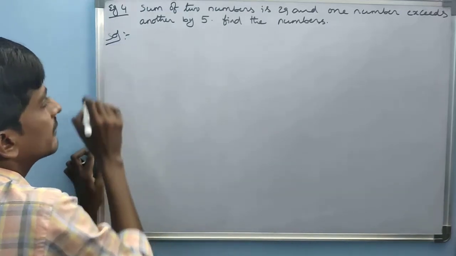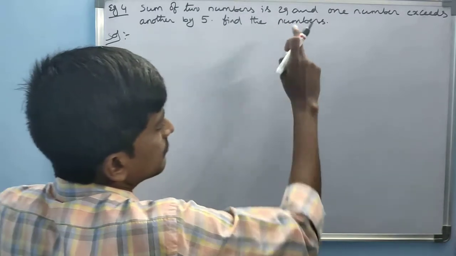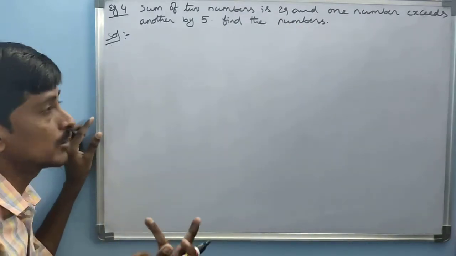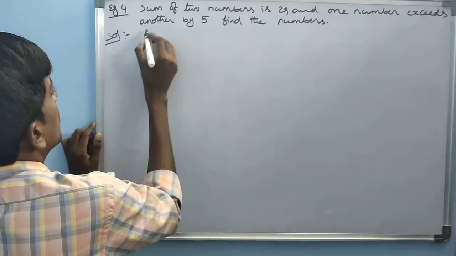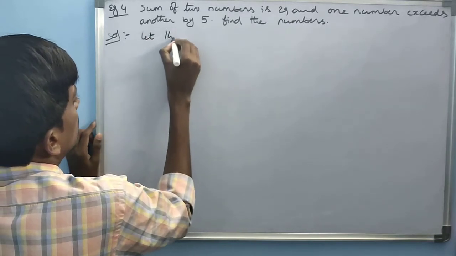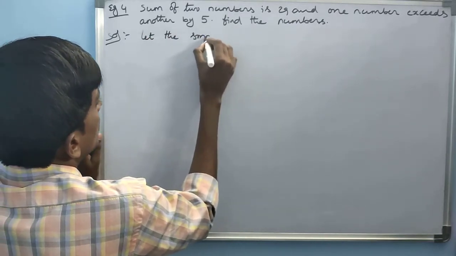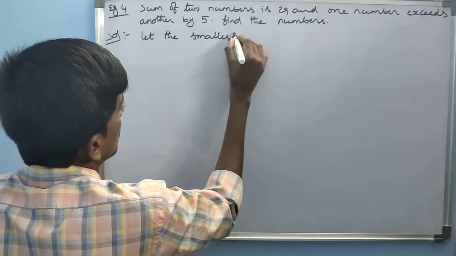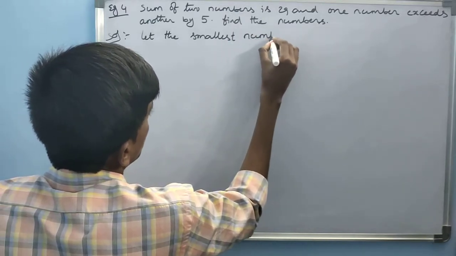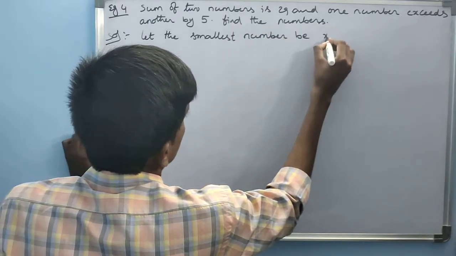Solution. The sum of two numbers is 29. We don't know the two numbers. Let the smallest number be x.